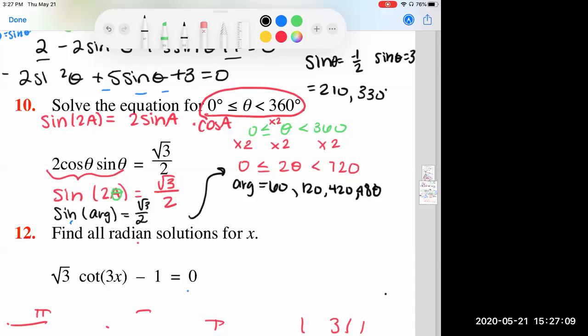Up to 720. Can I go another go around? No, 420 plus 360 goes over the 720. All right. Now we need to replace that argument with that 2 theta. I want theta by itself, so I need to divide all of them by 2.